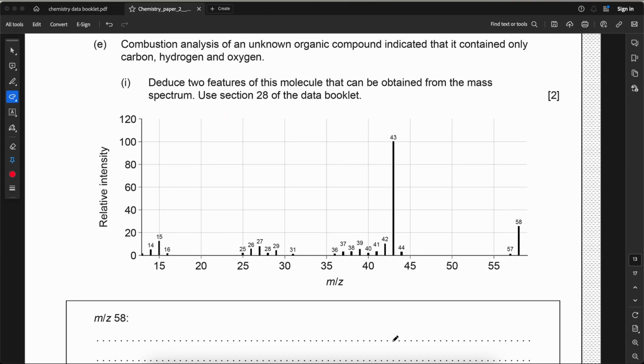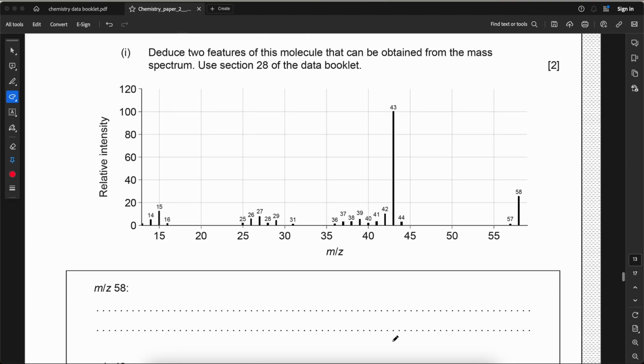Combustion analysis of an unknown organic compound indicated that it contained only carbon, hydrogen, and oxygen. Deduce 2 features of this molecule that can be obtained from the mass spectrum. As you can see here, the highest number is 58. The highest number is always the molar mass of the molecule itself. So 58 is the molecular mass of the molecule, which is 58 gram per mole.